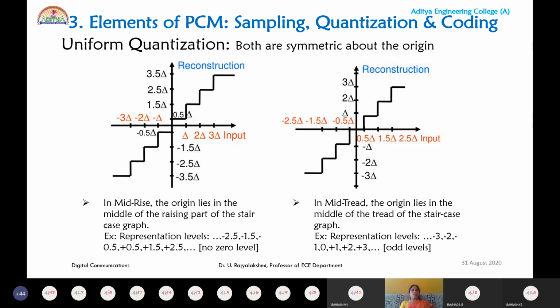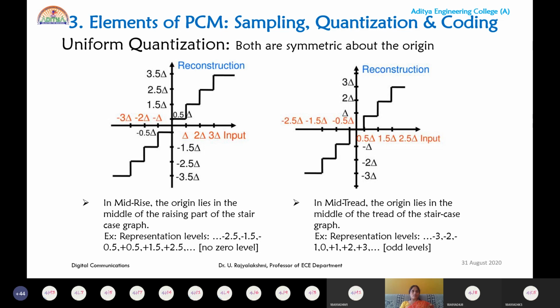In the mid-rise uniform quantization, the y-axis reconstruction levels are generally in the form of minus 2.5, minus 1.5, minus 0.5, plus 0.5, 1.5, 2.5, 3.5, and so on. So it has non-zero levels.